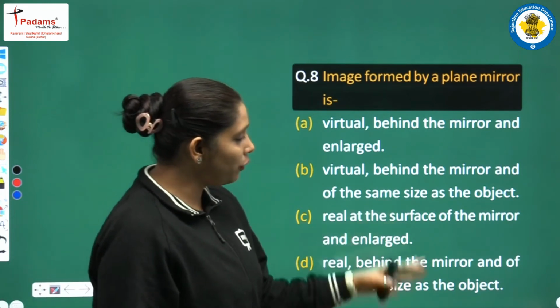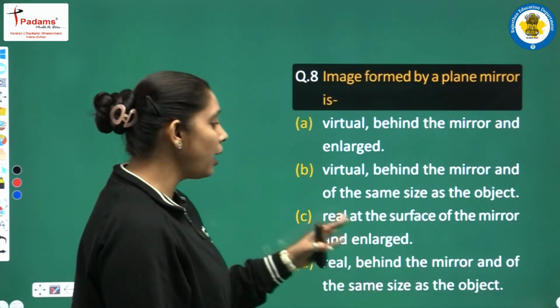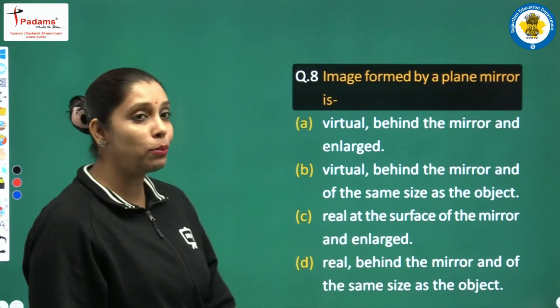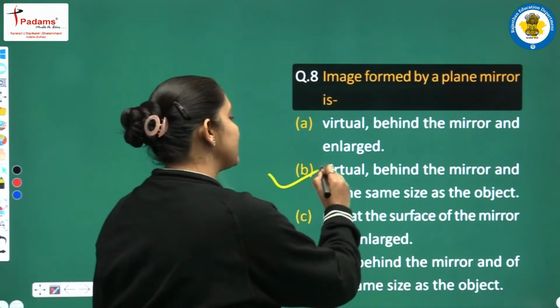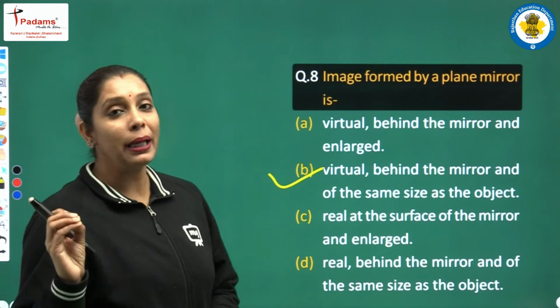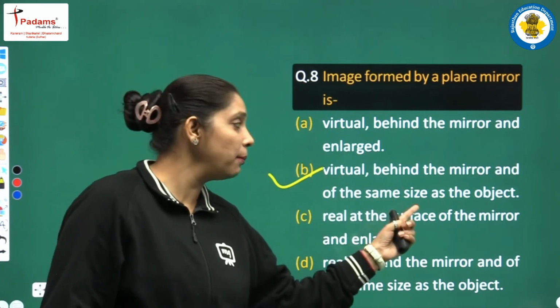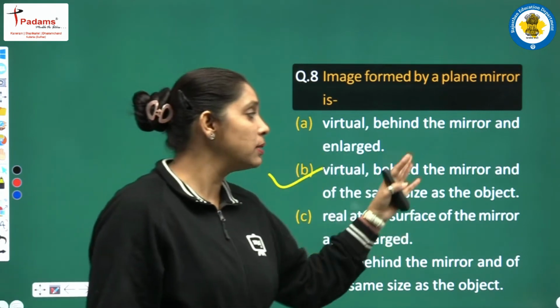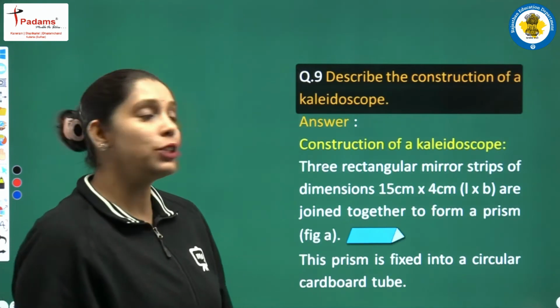Real at the surface of the mirror and enlarged? No. Real, behind the mirror and of the same size as the object? But it is not real. All are true? So option B is correct. Image formed by a plane mirror is always virtual, behind the mirror and of the same size as the object. Clear everybody? Move to the next question.